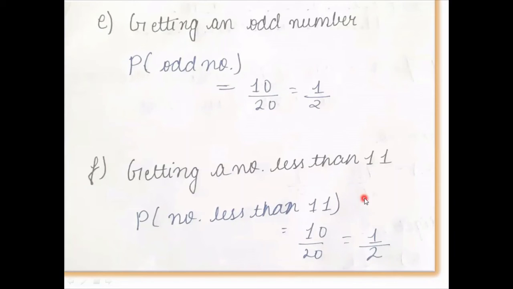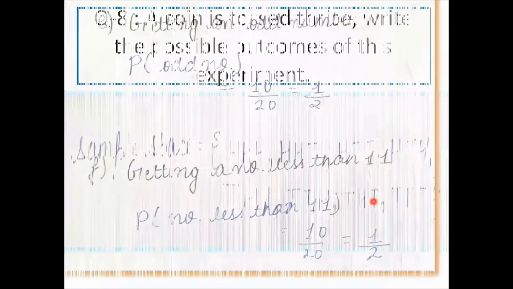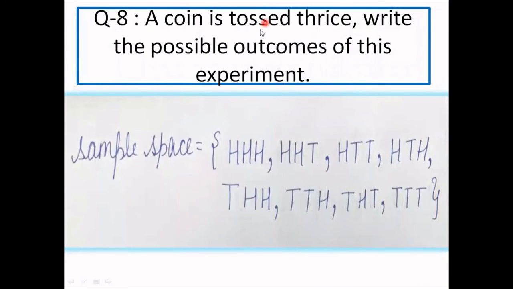Now all these parts you have to check from the sample space. It is very necessary. It was a very important question. Let's move further. Now, this is our question number 8. It says, a coin is tossed thrice. So, write the possible outcomes of this experiment. Okay, so we will write the sample space for this question. We will write the outcomes of this experiment.